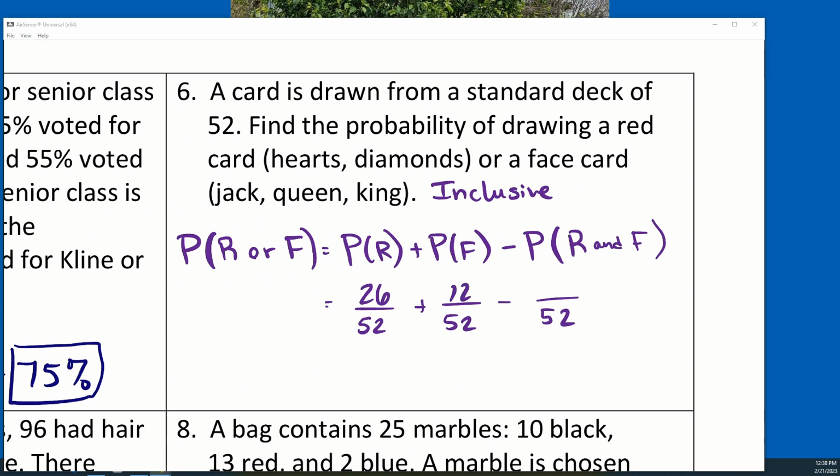So there's king, queen, and jack of all the 4 different suits. And do you know how many red face cards there are? There's 6. So you might at some point find this sheet that shows you everything that's in a deck of cards. Okay, and so then you can just type that in the calculator. I'm going to trust that you know how to do that, and it reduces down to 8/13 is your probability.